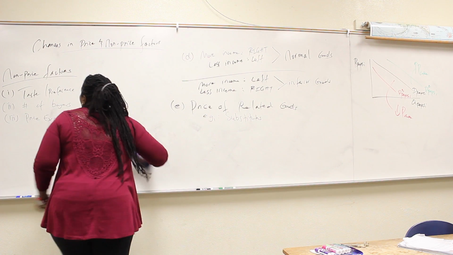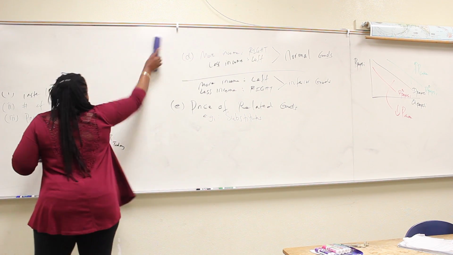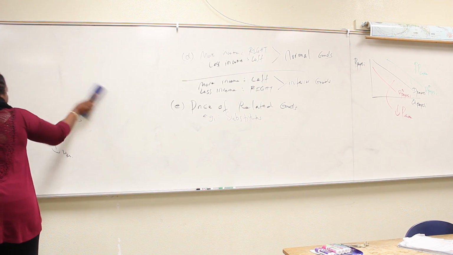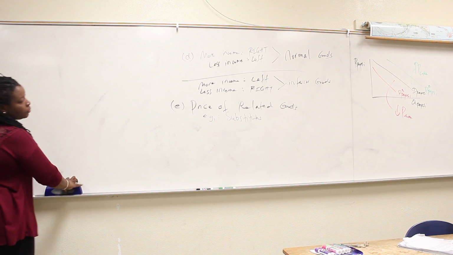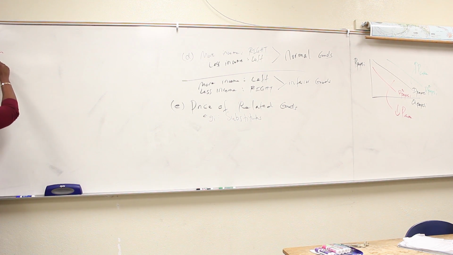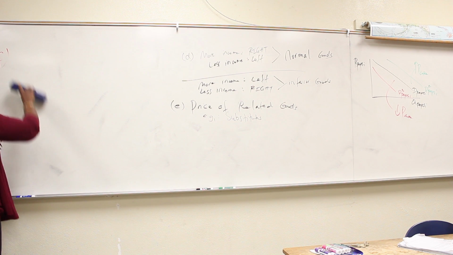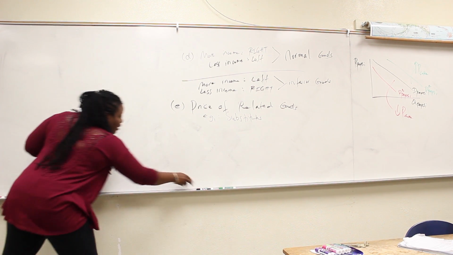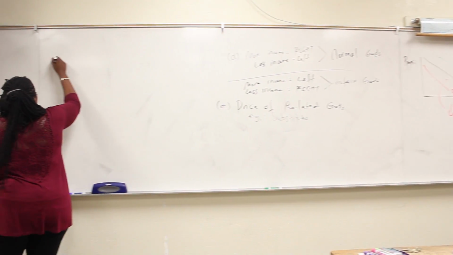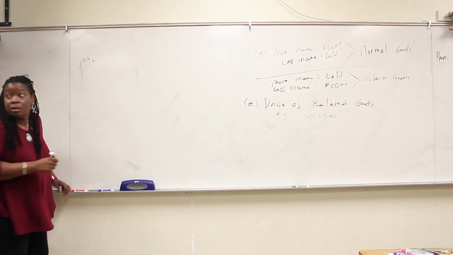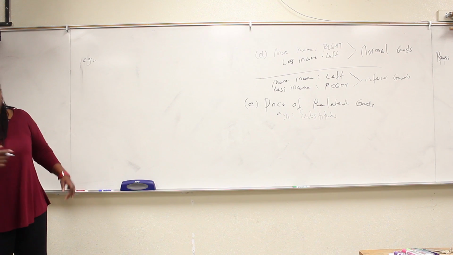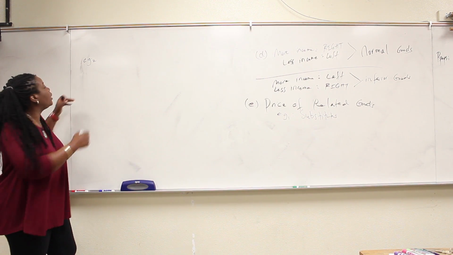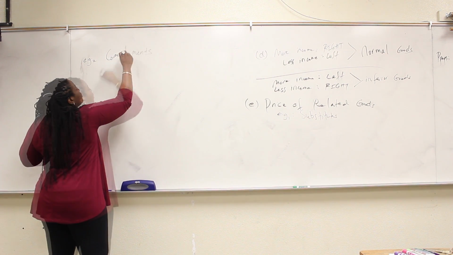The other thing that could happen is this. They could be substitutes. Let me just call it example 2. It's still under related goods. So they could be substitutes or they could be what we call complements.